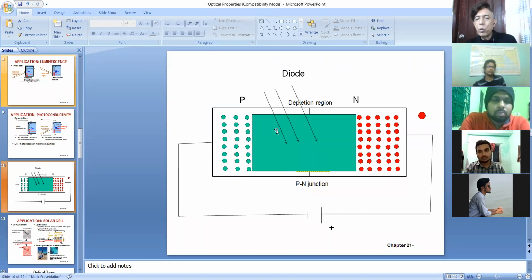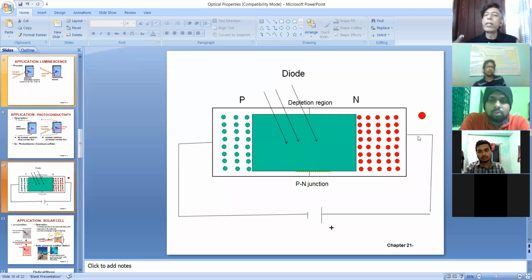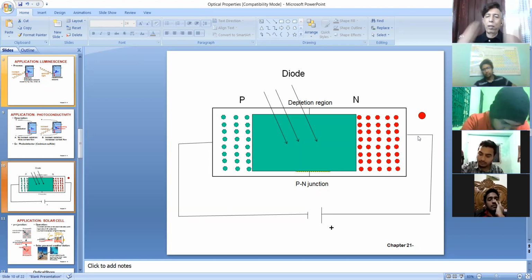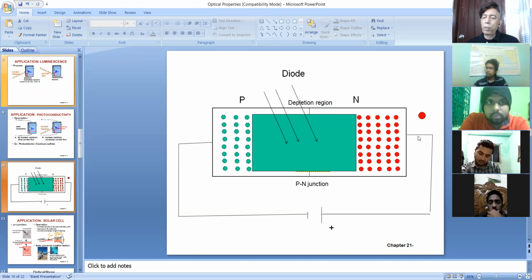It comes to here, and it starts the current flowing, and it switches on your television. So the switch in your television is a photodetector, which you can start by pressing your remote control.